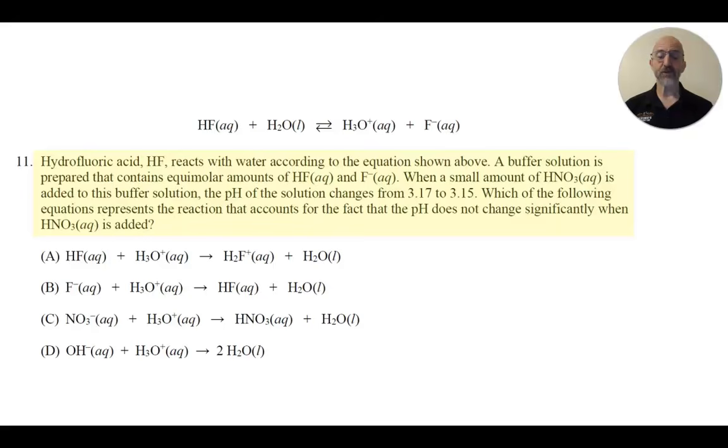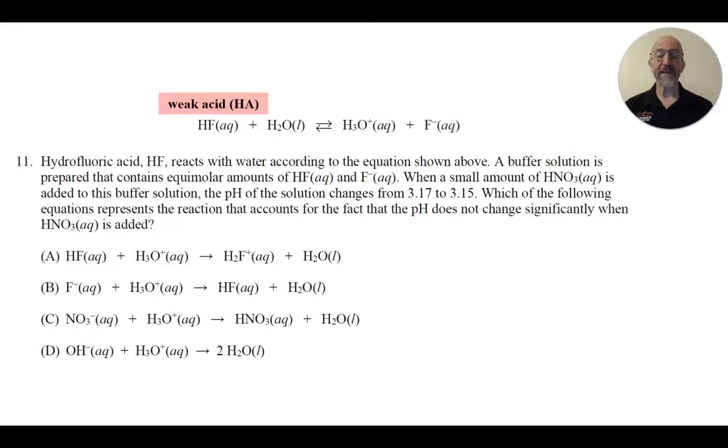Now, instead of adding a strong base like we saw in question 10, here a small amount of a strong acid, nitric acid, HNO3, is added to this buffer solution, and the pH of the solution changes from 3.17 to 3.15. Which of the following equations represents the reaction that accounts for the fact that the pH does not change significantly when the strong acid, nitric acid, is added?